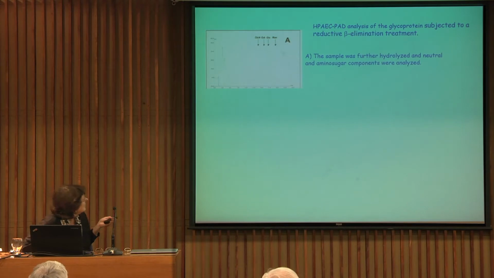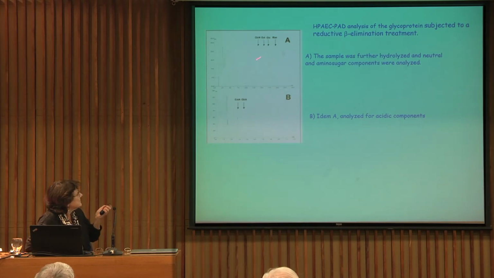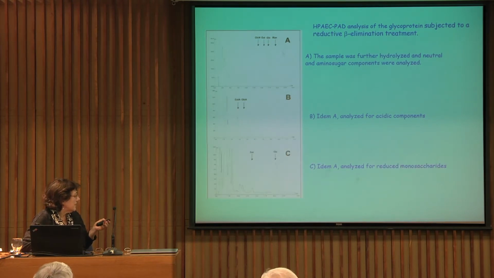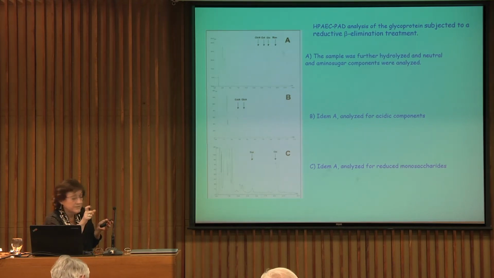And so, I don't know if you see it, you can detect a peak corresponding to glucose as neutral component and a peak corresponding to galacturonic acid as acidic. We also analyzed reduced monosaccharides, and we could detect a peak corresponding to sorbitol, that is to say that glucose was the linkage between the oligosaccharide and the peptide.